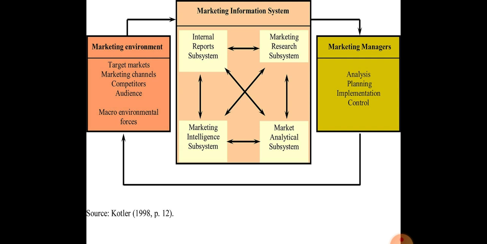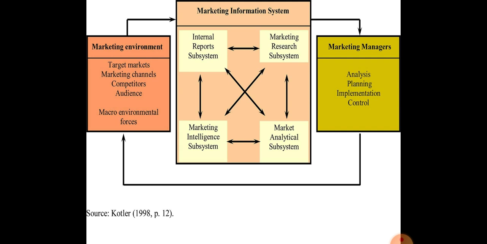Then we are having MIS. In MIS we are having the four subsystems: internal report systems, marketing research system, market analytical system, marketing intelligence system. Then at the end, after processing these four subsystems, we will conclude at marketing managers.